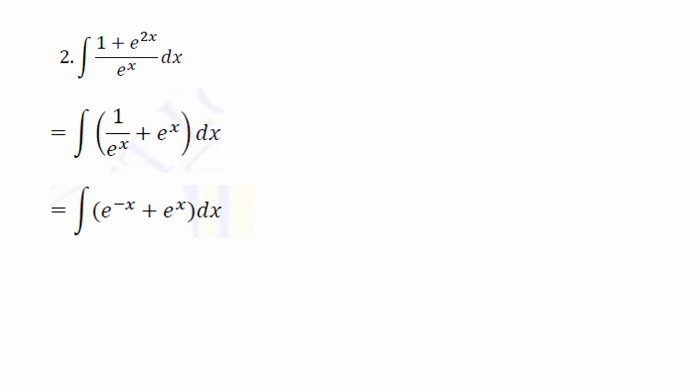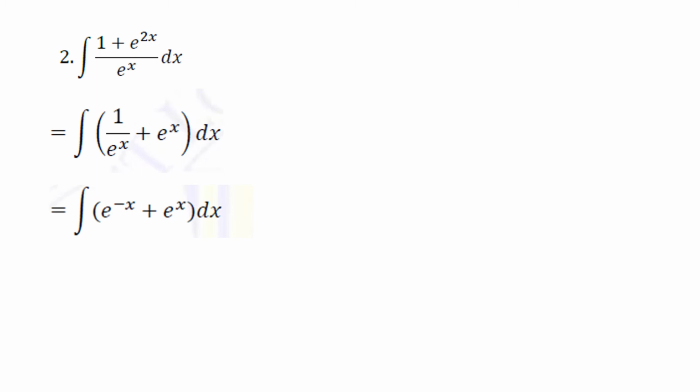We can write 1 over e raised to x as e raised to negative x, making our whole integral expression the integral of e raised to negative x plus e raised to x dx. We now can integrate each of the terms independently by applying the properties of integrals.